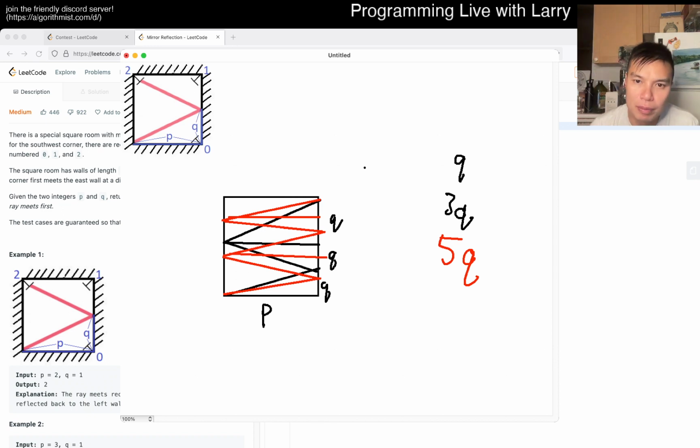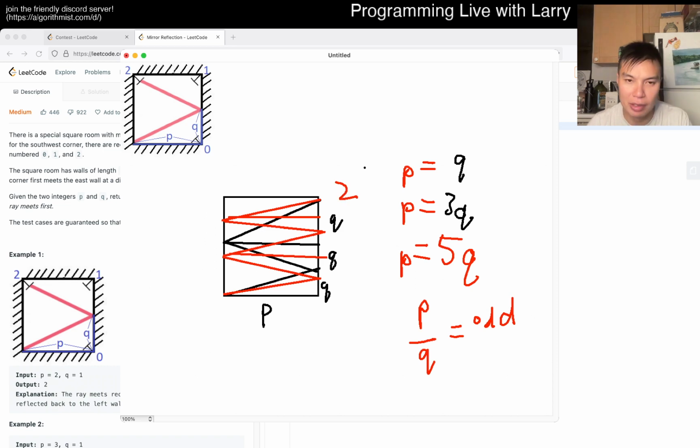So this is P is equal to Q, P is equal to 3Q, P is equal to 5Q, and so forth. So that means that if P over Q is equal to an odd number, it will go to 2, right? And, oh, sorry, this is 1.